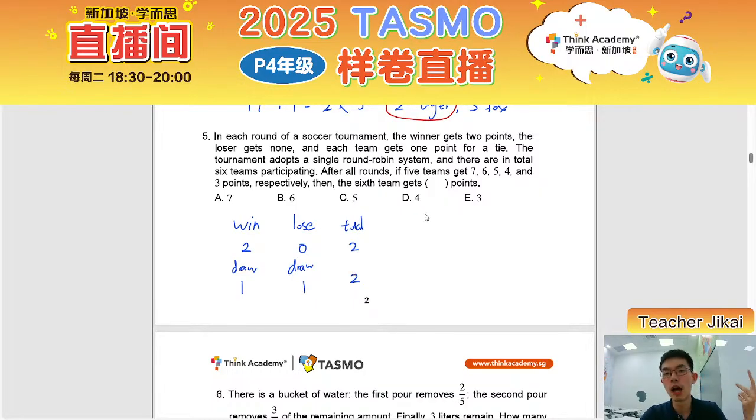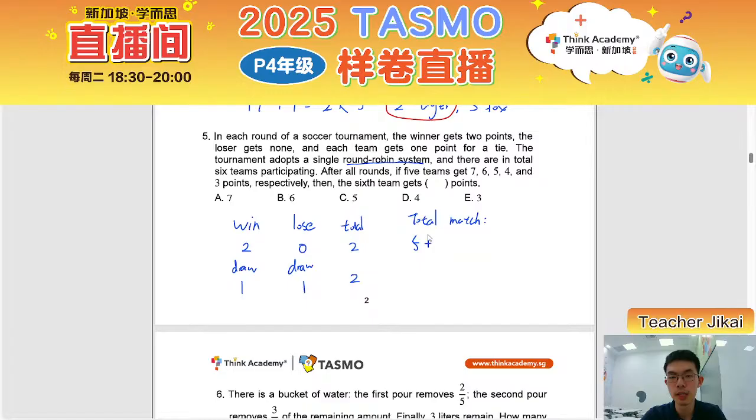So for the total number of points, we calculate how many matches there are. So the total matches is how many? It is 6 teams in a round robin system. The first team has 5 games with the others.